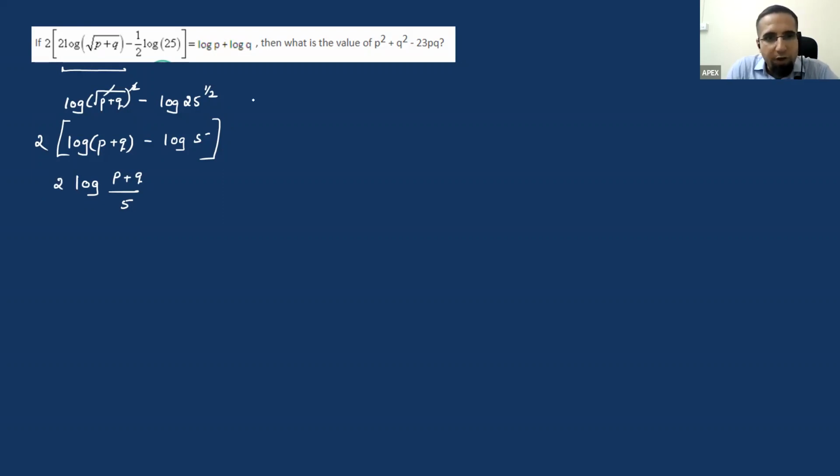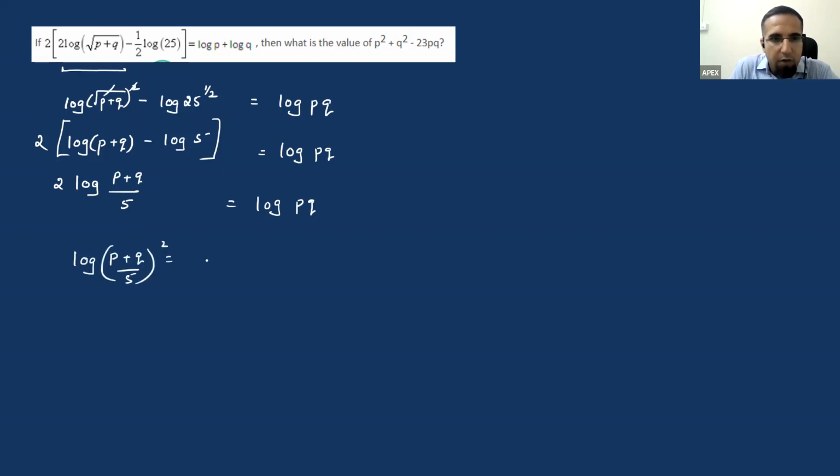Clear? And what do we have on the right hand side? On the right hand side, we can write log pq. So what do we finally have here, guys? We can write this as log of (p plus q) by 5 whole square is equal to log pq.